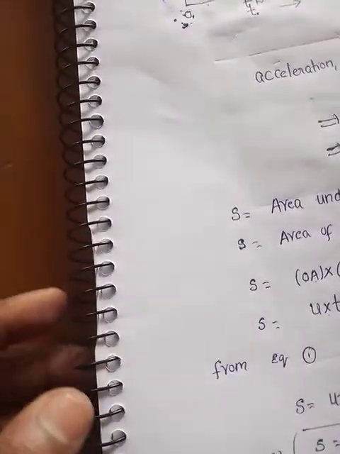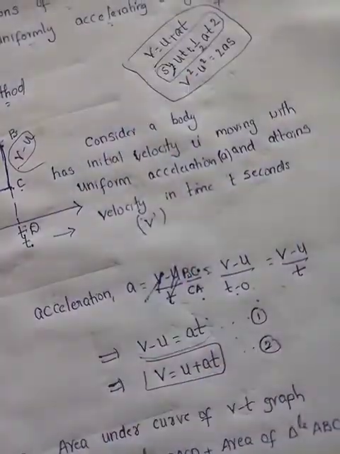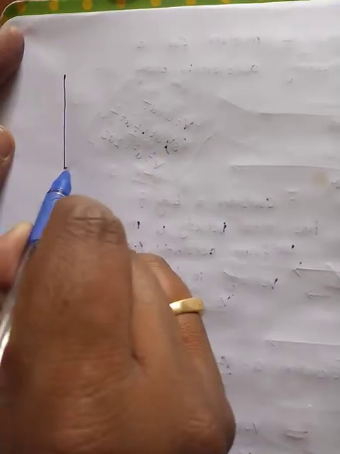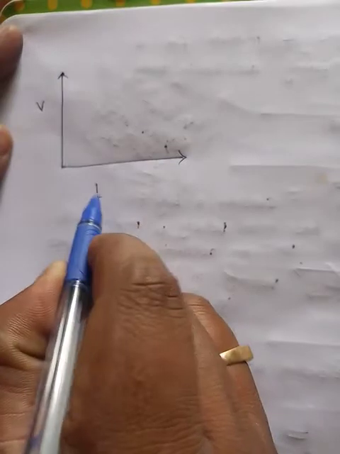Now, I am going to derive the last equation, which is also an expected 5 mark question of this chapter. What is that? V square minus U square equals 2AS. So, that derivation I am going to do. Listen clearly. Again we have to draw the graph. What is the graph? That is the velocity time graph.